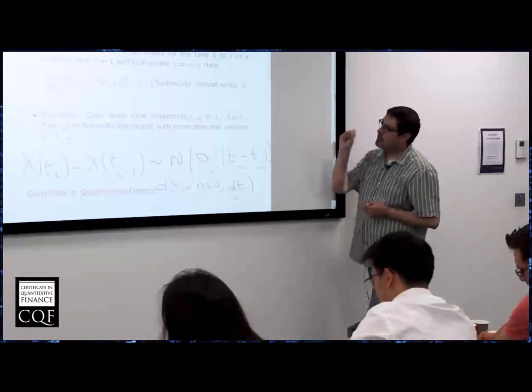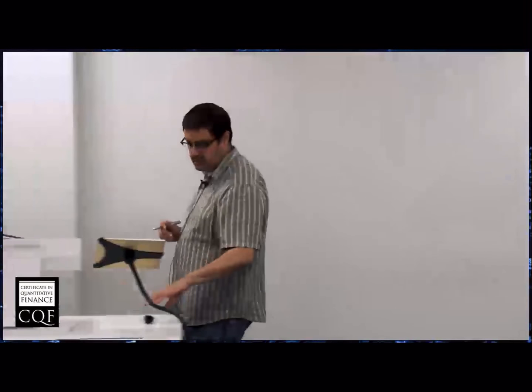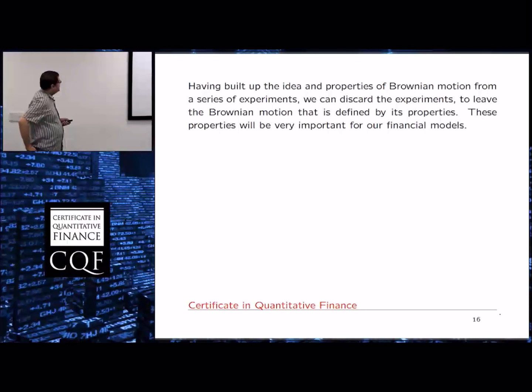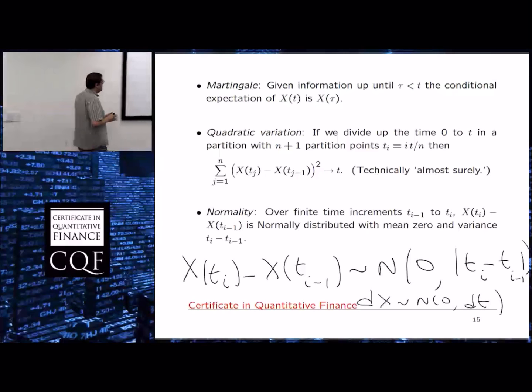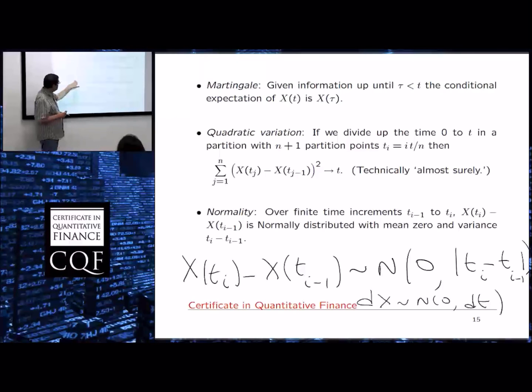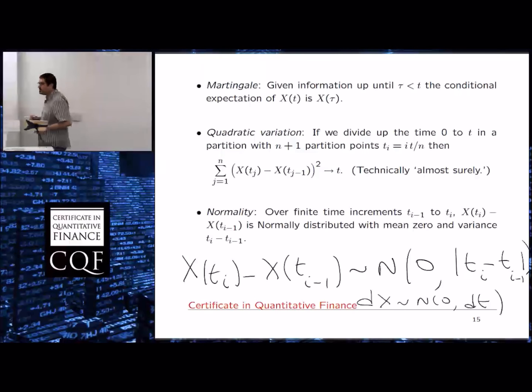Okay, so are there any more properties? Having built up these, can I just write down one more thing? The other property is that the increments are independent. So Brownian motion has independent increments.